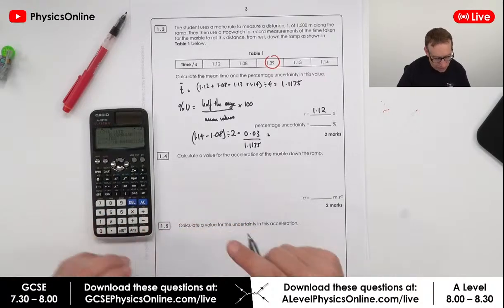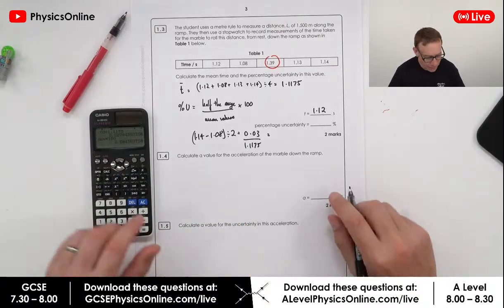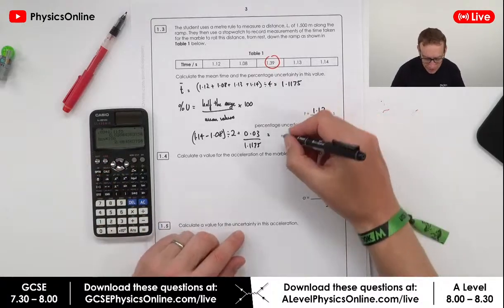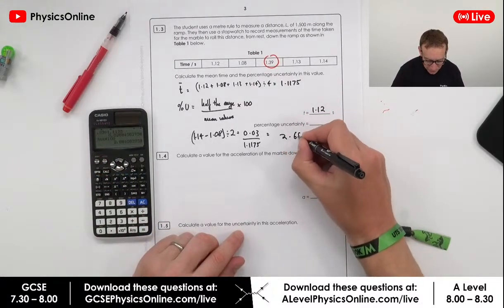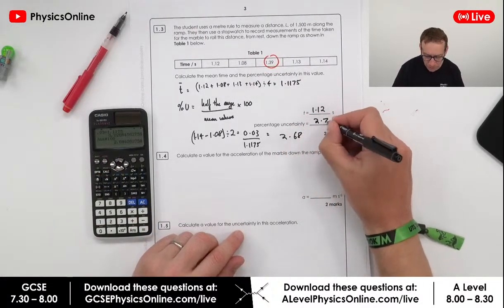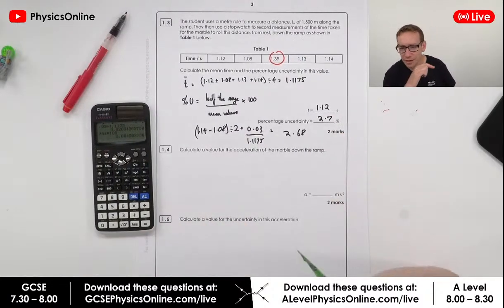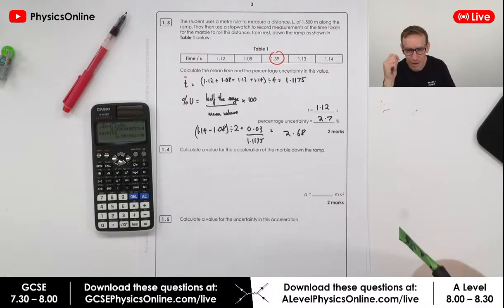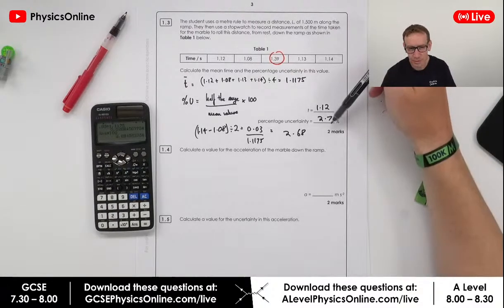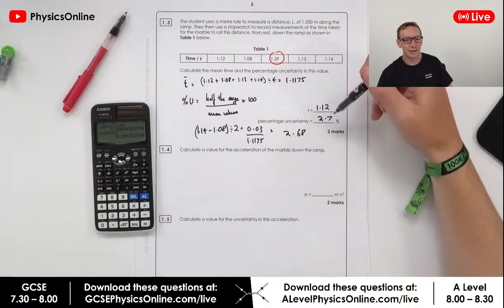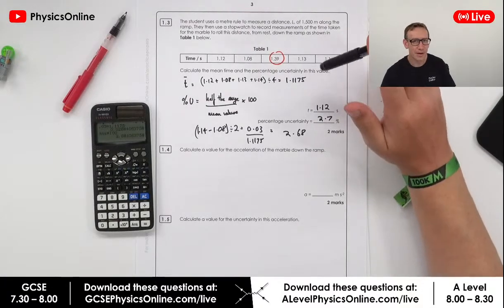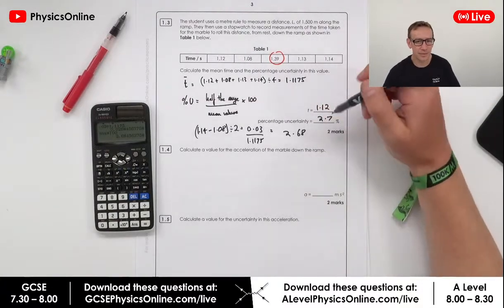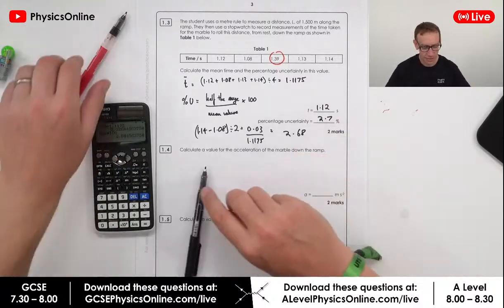Then we're going to multiply it by 100 to get about 2.68. So that's about 2.7%. Right, so we've discarded the anomaly. It's about 3% or 2.7. Again, I found it best if you give your percentage uncertainties to 2 significant figures.